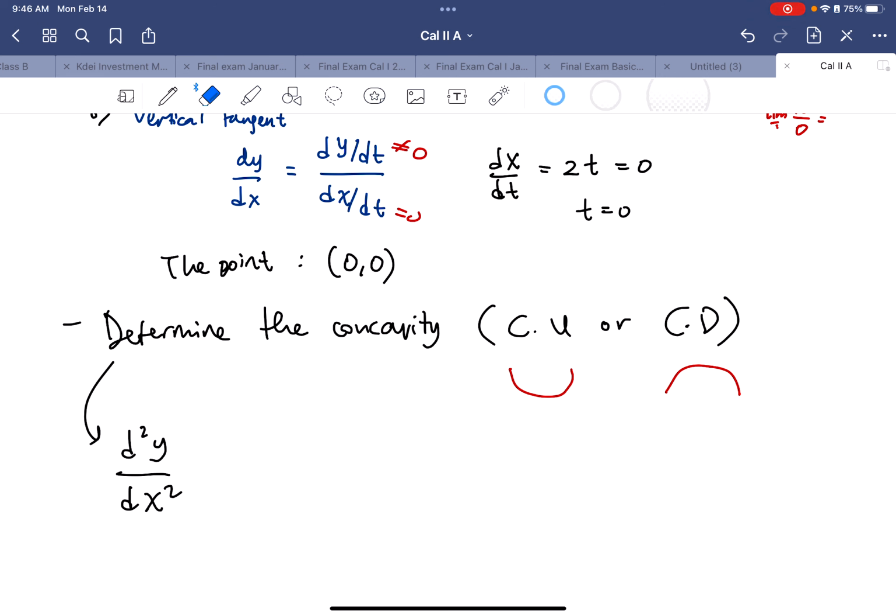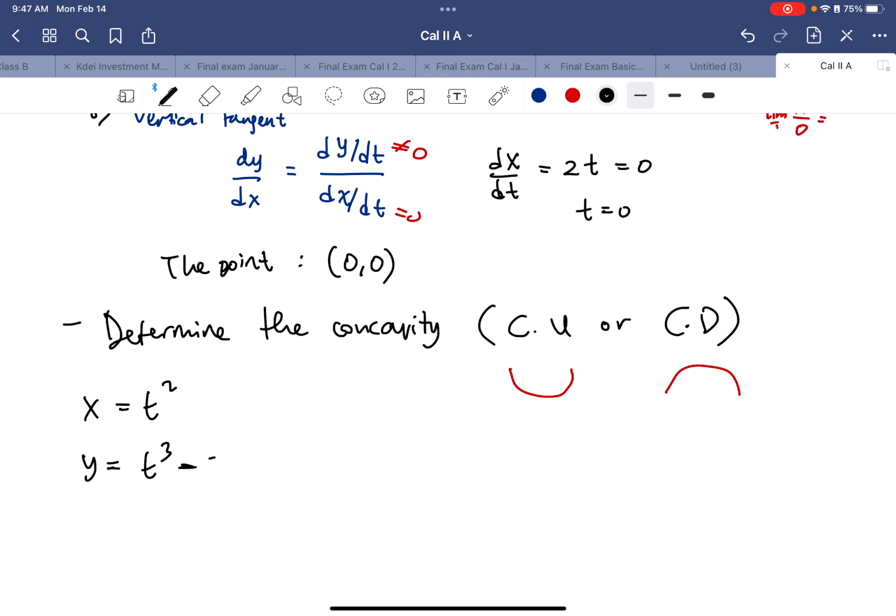Let me write the equations first. Let me write again. The equation is x equals t squared and y is t cubed minus 3t. Okay.